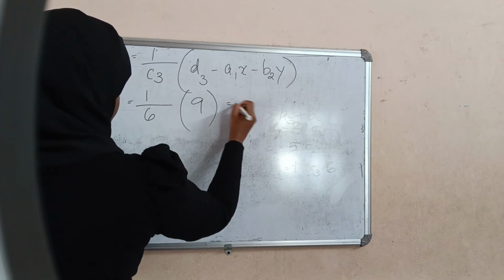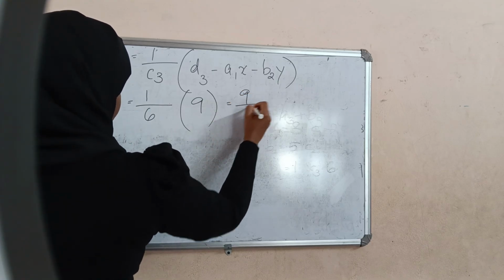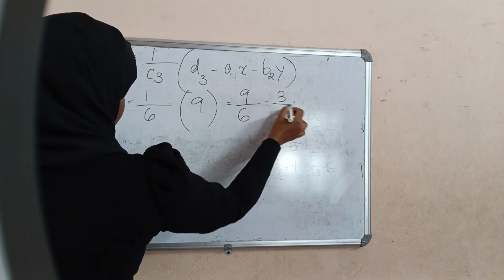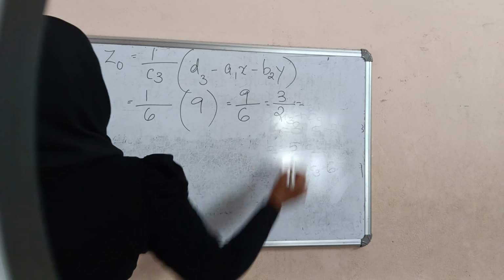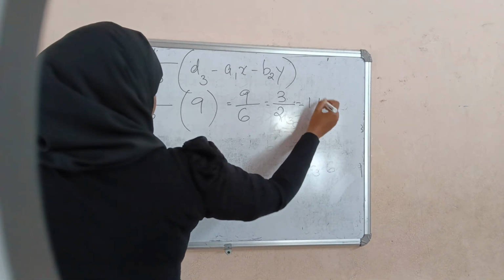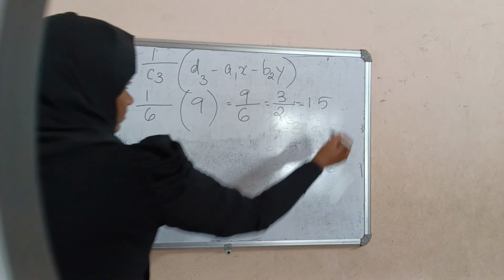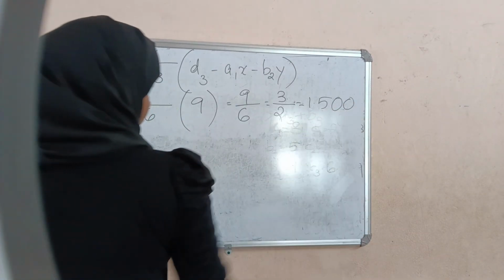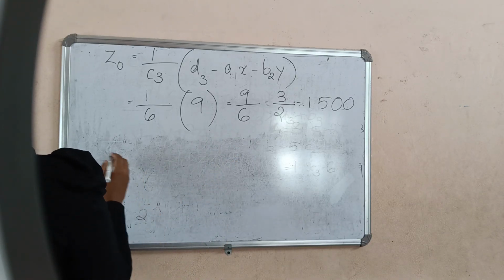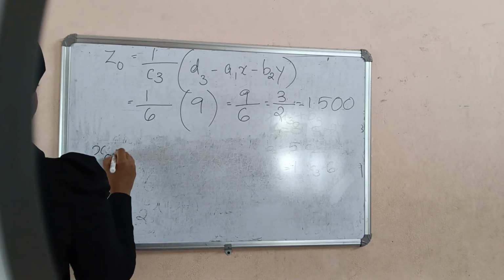So just 9 by 6, which will become 1.500.